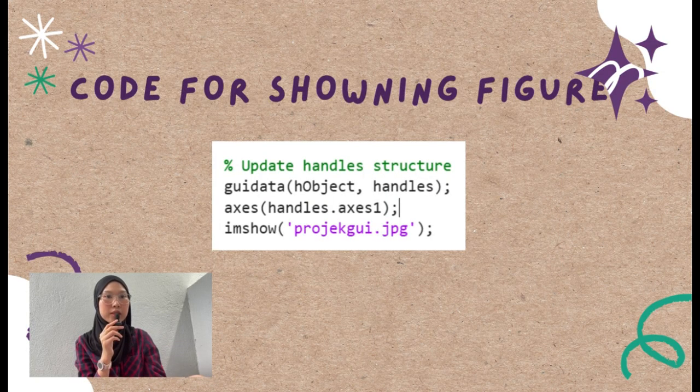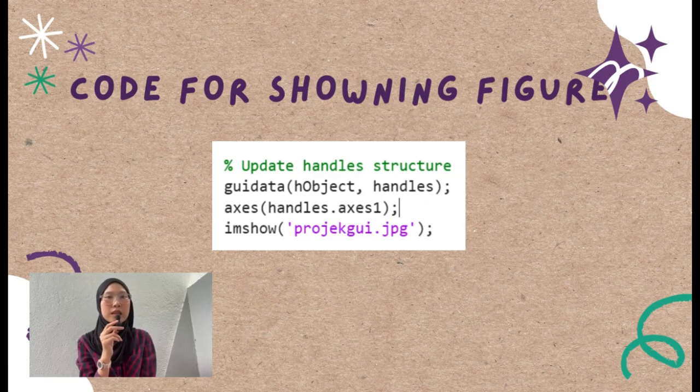For this part, this code is used to display an image inside a GUI in MATLAB. First, guidata(hObject, handles) updates the GUI data so that any change to the handles are saved. Then axes(handles.axes1) sets the area where the image will be shown.